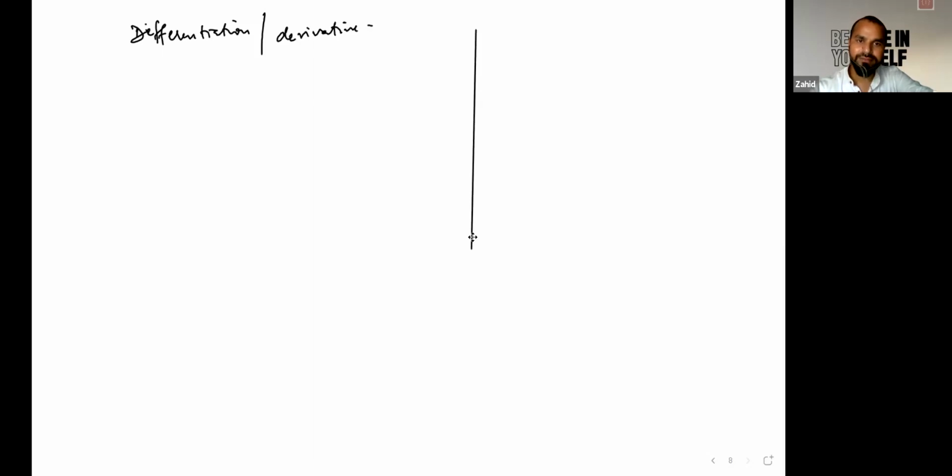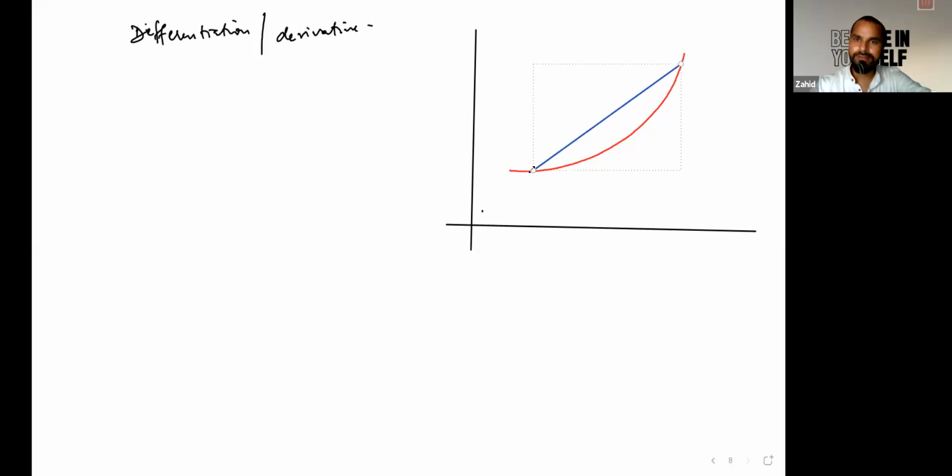Let's say we have a curve like this. If we draw a line joining two different points, each point has some coordinates.